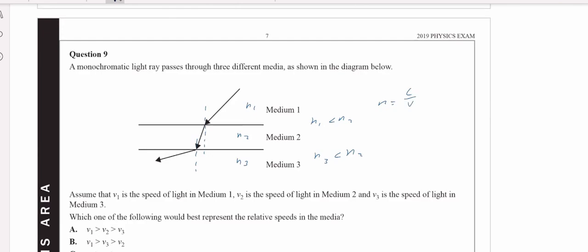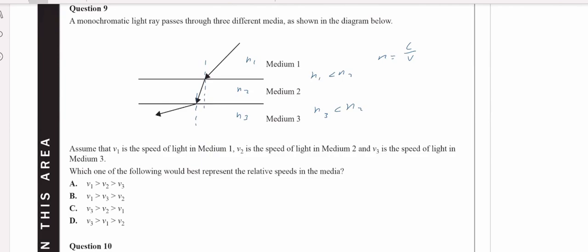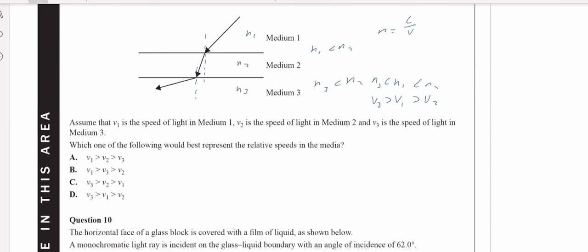So using this, the N's are N2, and then N1 and N3, but it's inversely proportional to velocity. So with velocity V3, V1, V2. So that is D.